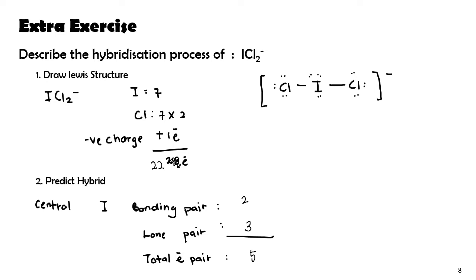Ini akan jadi hybrid sp3d. So the total of 5 new orbitals that you form, and all of them are sp3d hybrid. And for this case, dia akan adopt electron pair geometry. Dia akan adopt trigonal bipyramidal.